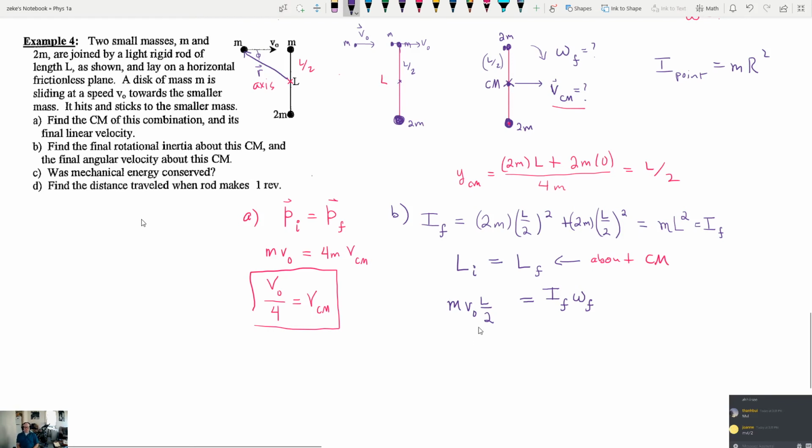Okay, let's finish this up. So m v naught L over 2, we're doing on that side. I final, we found right here that the final moment of inertia after the collision ends up being m times L squared. Omega final is what we're solving for.